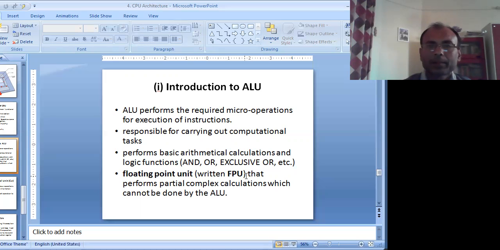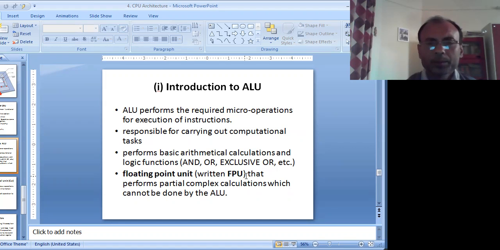For multiplexing, the multiplexer, decoder, and for complementation, it has a complementer. For comparison, the comparator is there, and different registers for different purposes. So different operations are possible: AND, OR, exclusive OR, addition, subtraction, multiplication, etc.